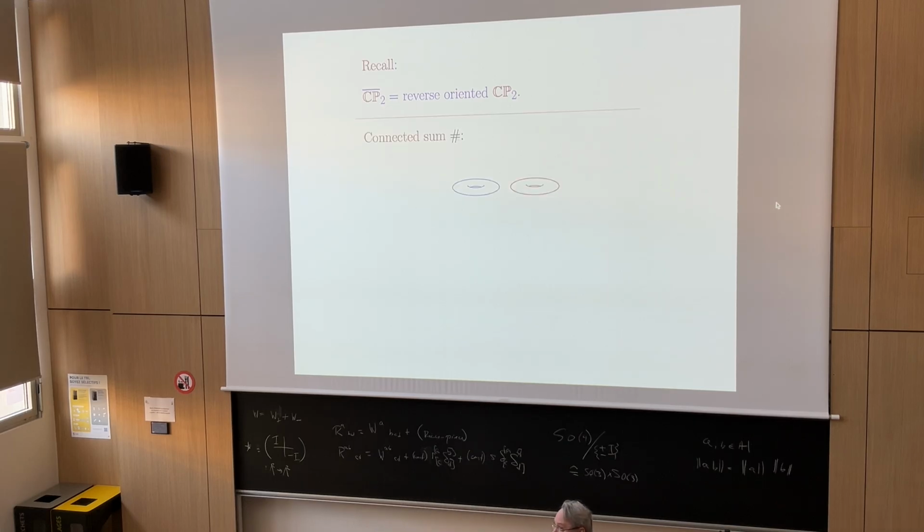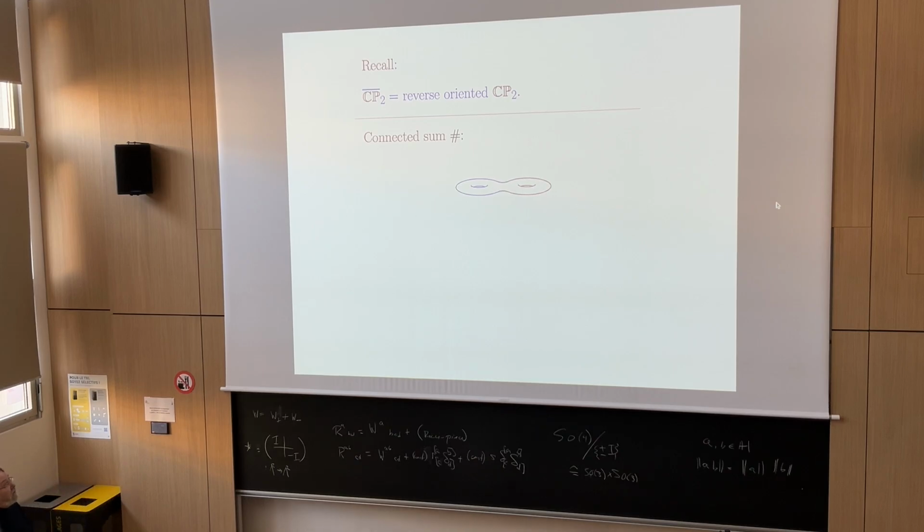All right, so then what is this hash symbol? It's called connected sum. You're familiar with it by building up the surface of genus 2 from two tori. You can do the same thing. You start with two oriented compact manifolds of the same dimension. You throw a standard ball out of each, and then you glue them together on their boundary spheres, so that you can orient the connected sum in such a way that the orientation induces the given orientations on the two pieces.